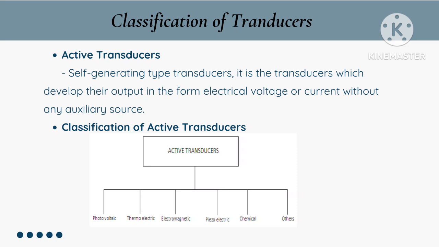This means it creates the electrical signal itself, like a mini power plant, without needing any help from external sources. Active transducers are further categorized based on the energy process, and those are photovoltaic, thermoelectric, electromagnetic, piezoelectric, chemical, and others, which will be discussed later on.